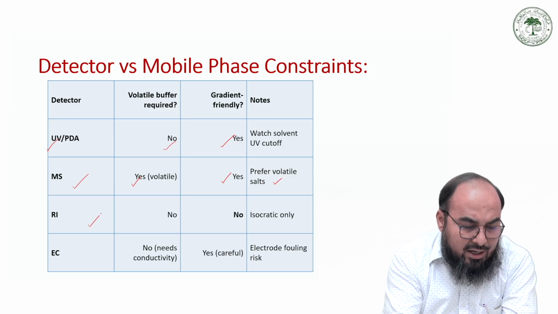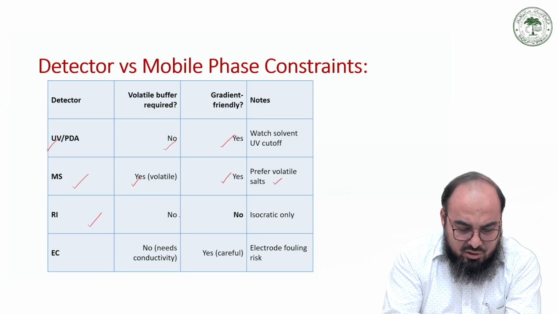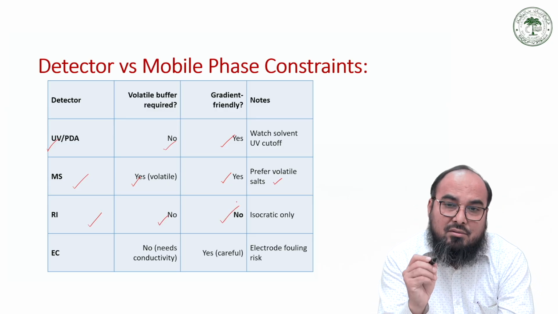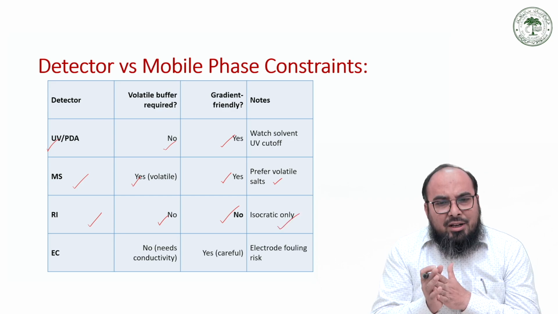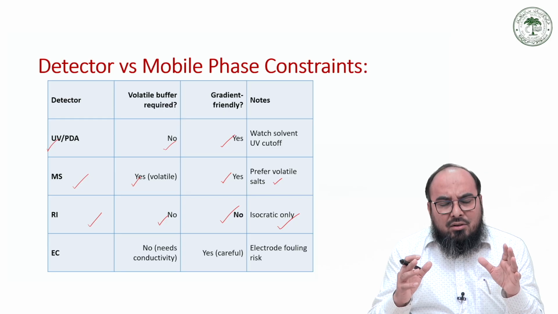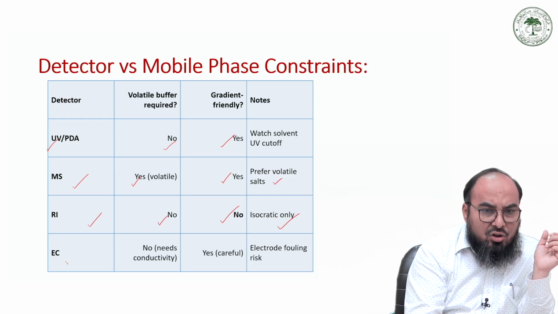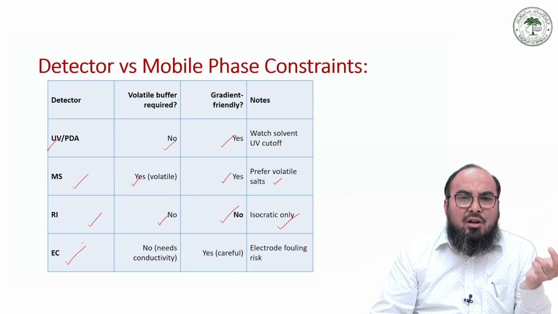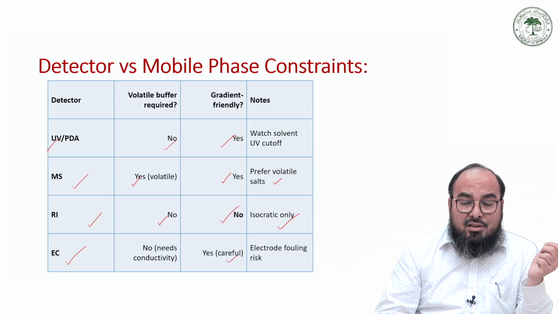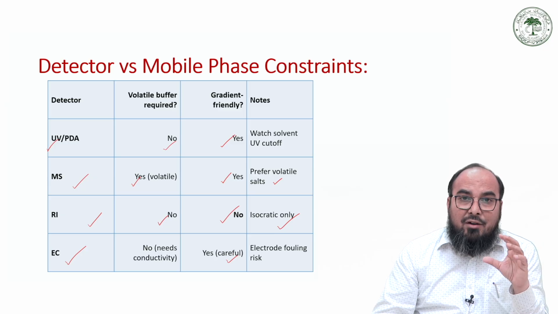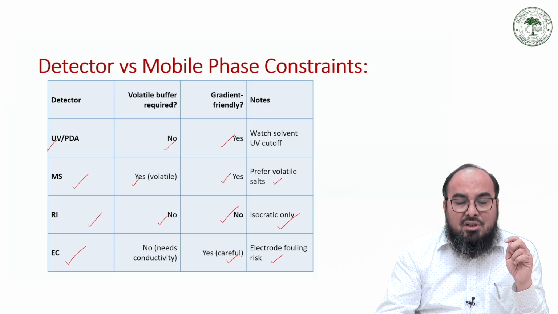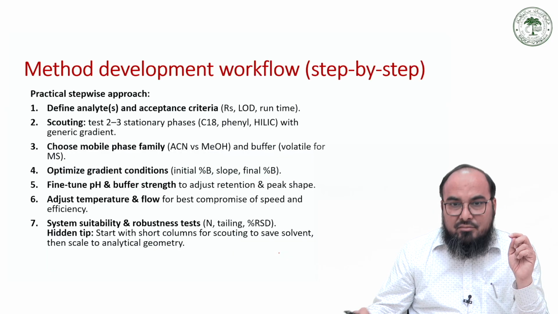Now, if you are using the RI detector, again there is no need to use a volatile buffer, and it is not gradient friendly, so you can use an isocratic mobile phase, that is, a mobile phase which remains constant throughout. Similarly, for the electrochemical detector, there is no need for a volatile buffer. It is gradient friendly, yes, but you have to monitor the change in polarity, because sometimes electrode fouling occurs.